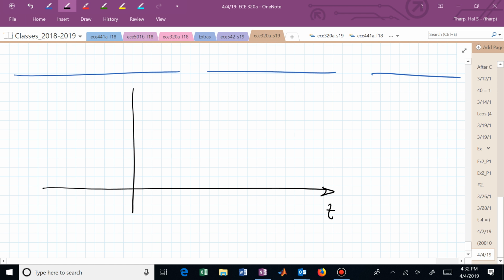There's t. X of t looked like that. This was x of t. And what did you just tell me?